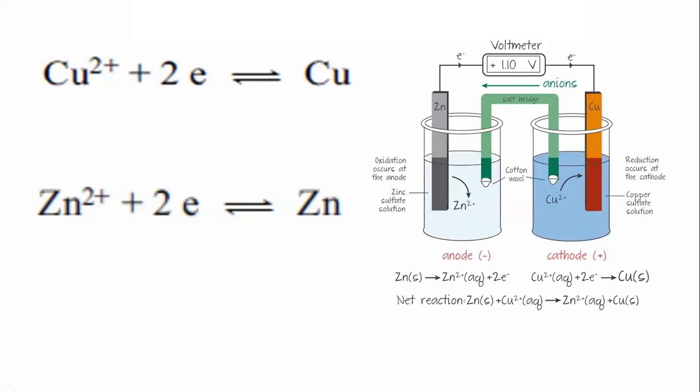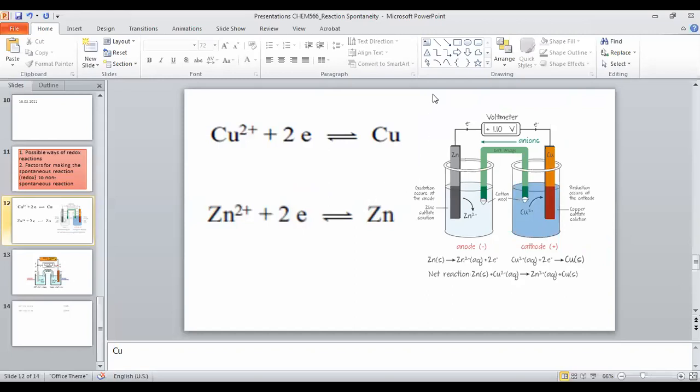So the first task is to describe the possible ways for these half cells to react with each other. Can any one of you tell me whether copper plus 2, or the copper, or the zinc plus 2, or the zinc is going to react with one of the metal ions or the metal at the zero oxidation state?